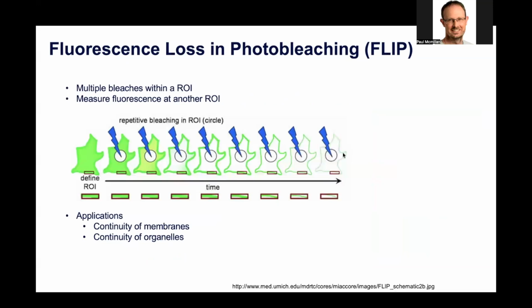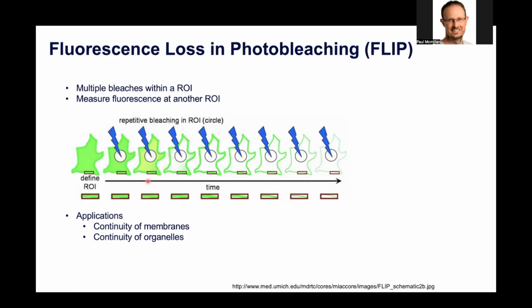A related method is called fluorescence loss in photobleaching. In this case, we have one region of interest, but we're doing multiple bleaches within that region of interest. So in this case, we've got our pre-bleach. We're selecting our region here that we want to bleach out, and we keep bleaching that region.